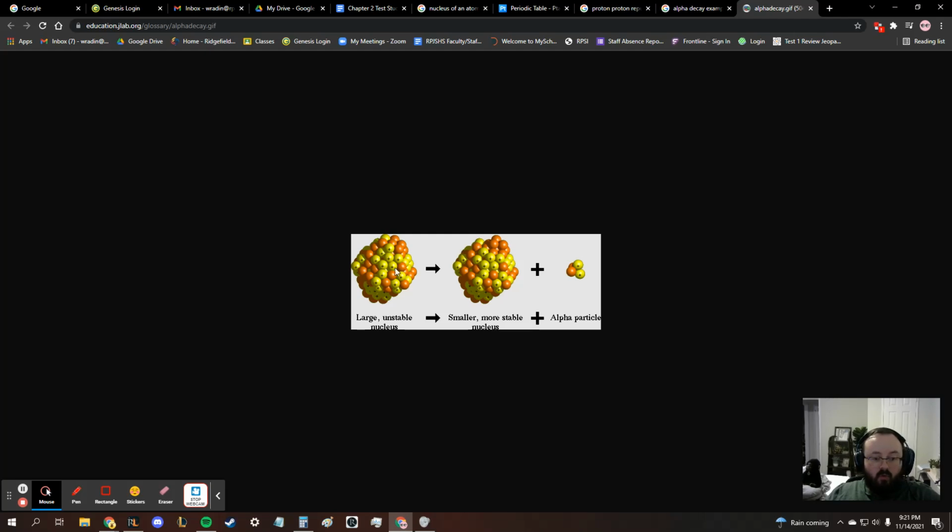We talked about this for honors, why the distance of these forces are different. This is unstable, and it's going to shed 2 protons and 2 neutrons. Smaller, but more stable nucleus. That's the purpose of this, it's for stability. And you get this alpha particle. This is a helium nucleus with no electrons, so it is a +2 charged helium.